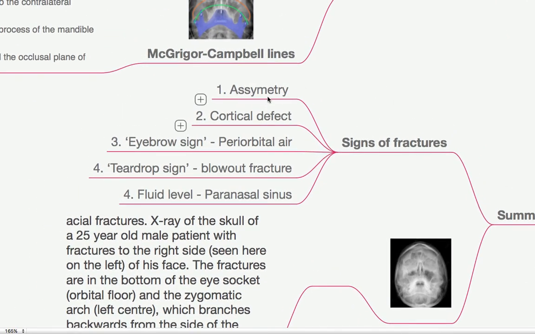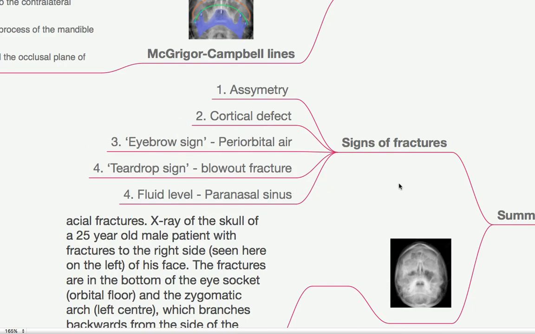1. Look for symmetries or asymmetries. 2. Look for cortical defects, any disruption in the nice cortical lines that you'll see, for example, in those lines of Dolan or in the McGregor-Campbell lines. 3. Any eyebrow sign associated with orbital trauma may indicate periorbital air or emphysema within the orbit. 4.